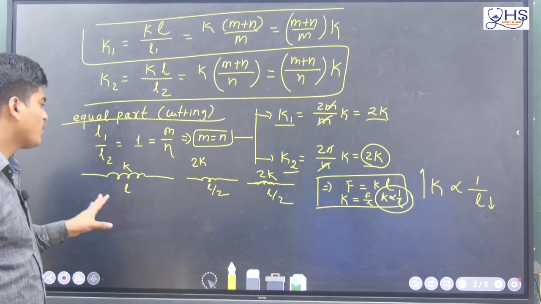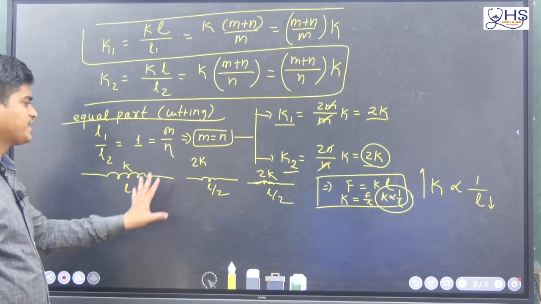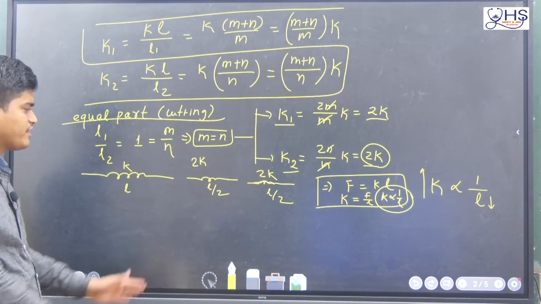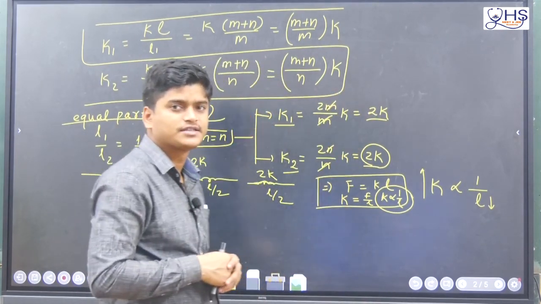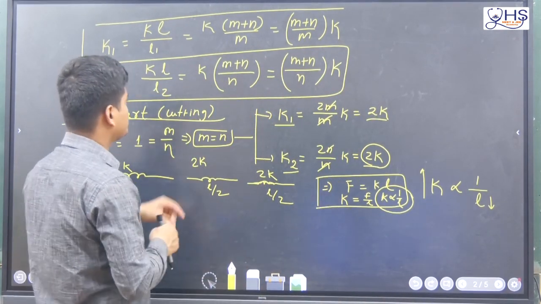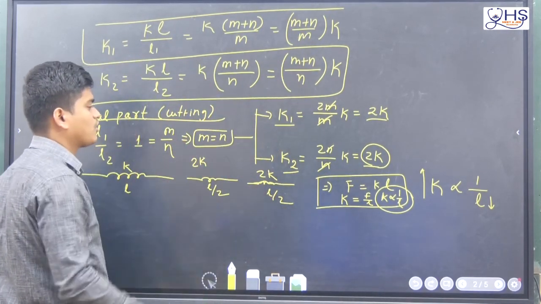But depending on whether you are drawing this type of diagram, you understand perfectly what is happening. So remember, when you are cutting the spring, length is reducing and spring constant is increasing. So this is one formula you remember for two springs when you are cutting them.